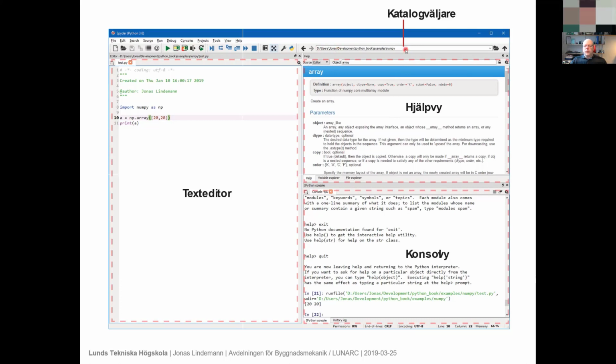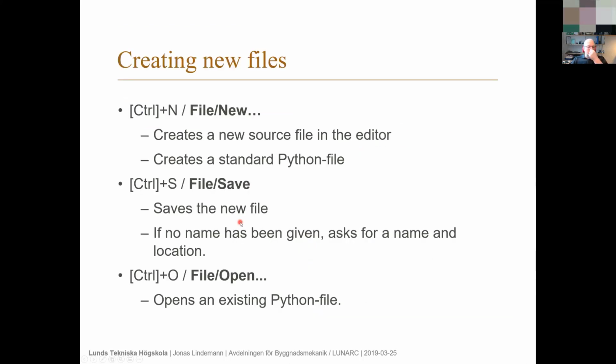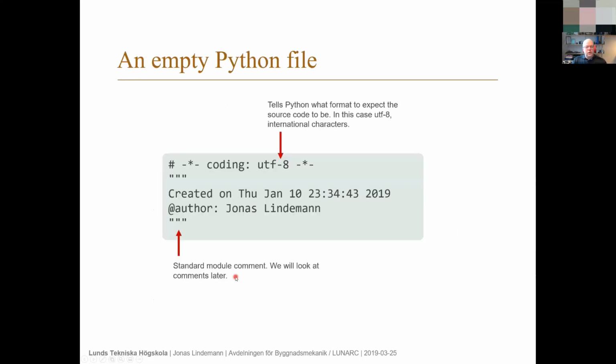And you also have the current directory where you are working. You have the Python console here where you can execute Python commands interactively. You can create files using file new, file save, file open. I will show you that later here.